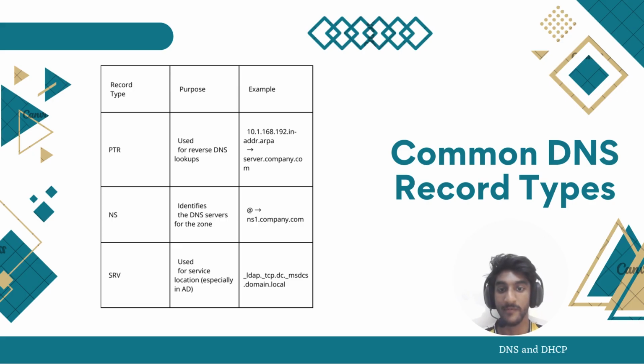For the last one, we have SRV. The purpose of SRV is to locate services, especially in AD. For example, if we type _ldap._tcp.dc._msdcs.domain.local, it will automatically translate it and go to the location we intended.